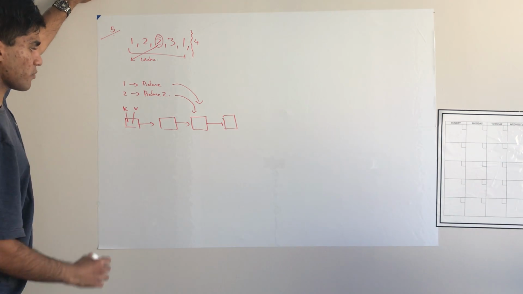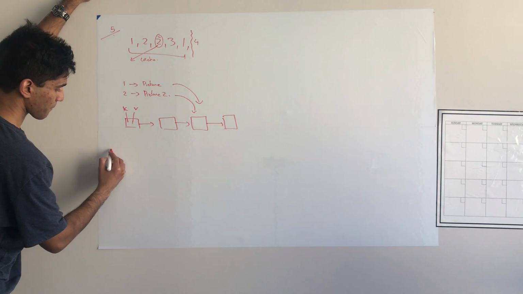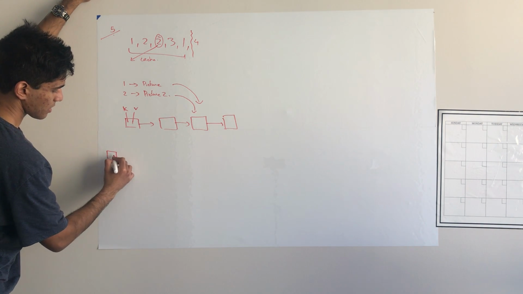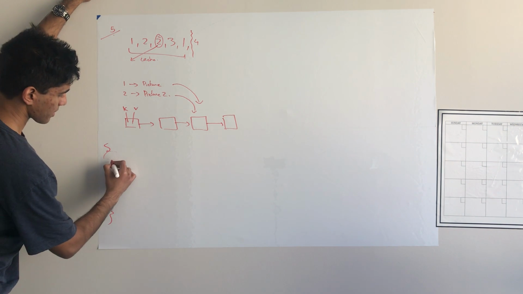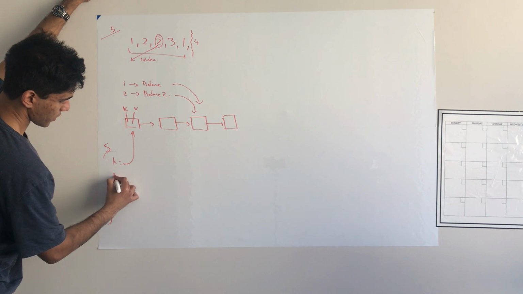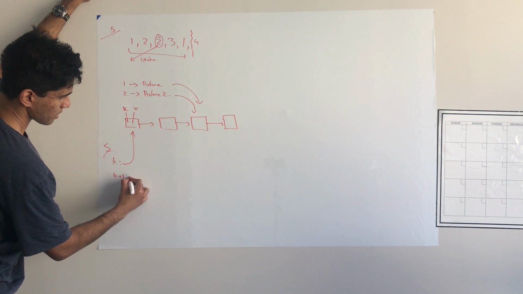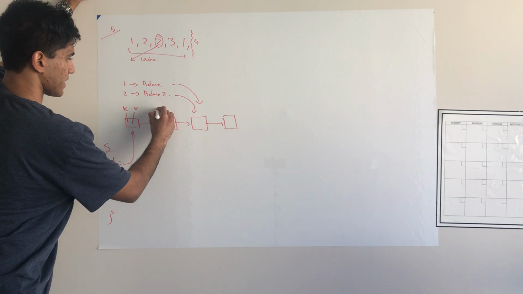So the hash map won't be storing the key values, but rather the hash map will be storing the key and a pointer to the node. So for key 1, this will be the node that it points at, and this will be the key value pair.